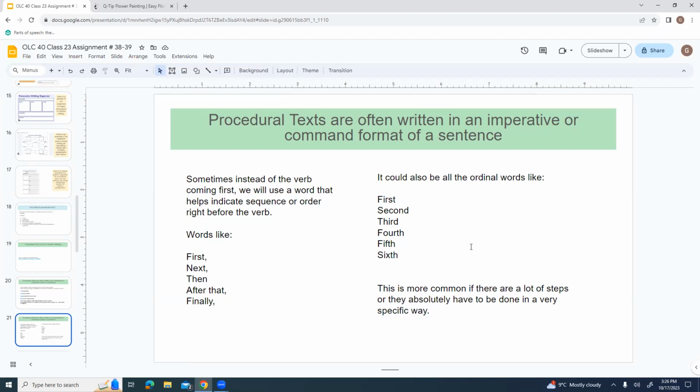It's more common to do it this way if you've got a lot of steps. If you're doing some elaborate woodwork project with 27 steps, you might actually see numbers at that point rather than just the words. But this is more common when you're seeing a lot of steps that have to be done in a very specific way. This is kind of more general.